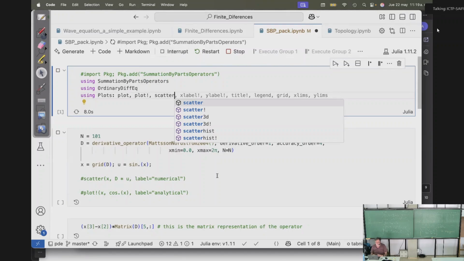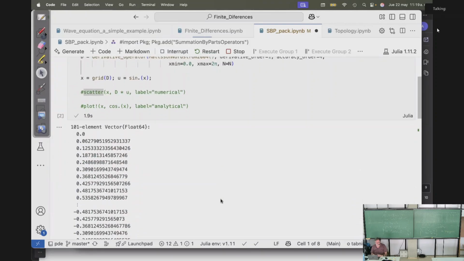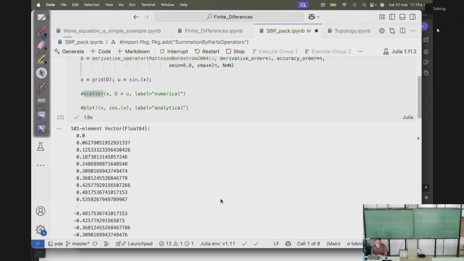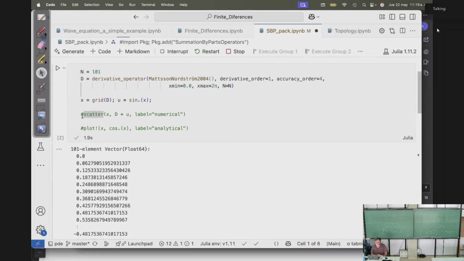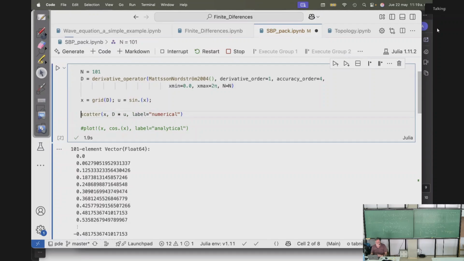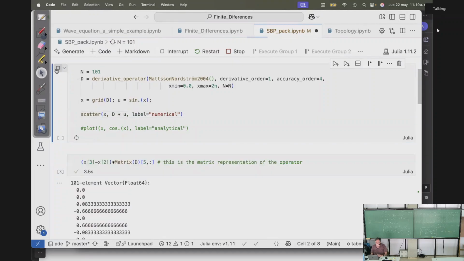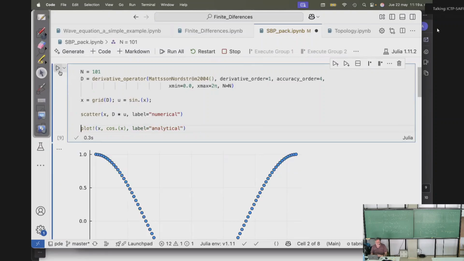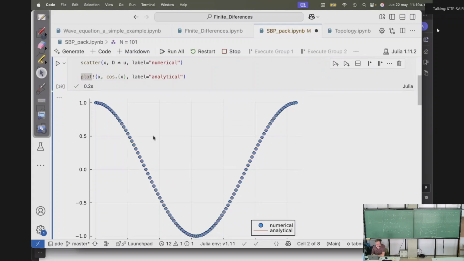Now it's working, huh? So it's a conflict with the grid and the plots.